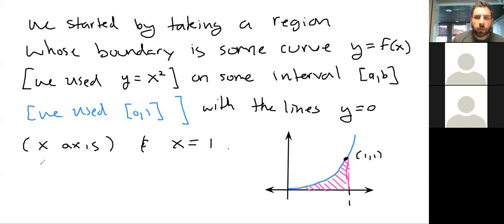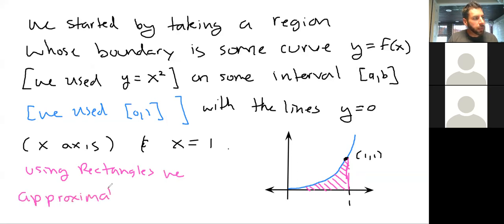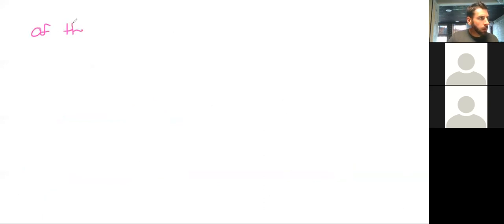So here's what we did. Using rectangles, we conjectured the following. We approximated the quote-unquote size of the shaded region. Here was our conclusion.